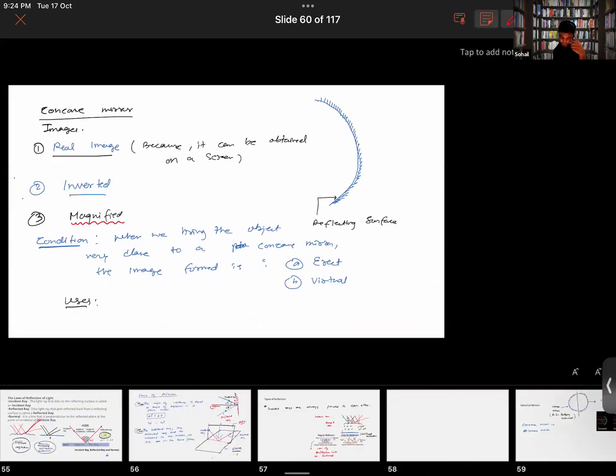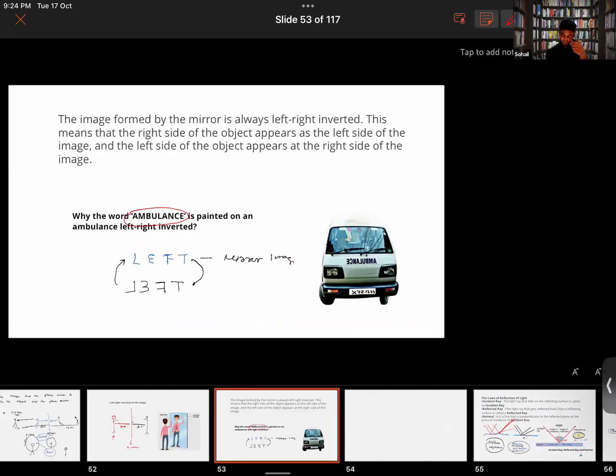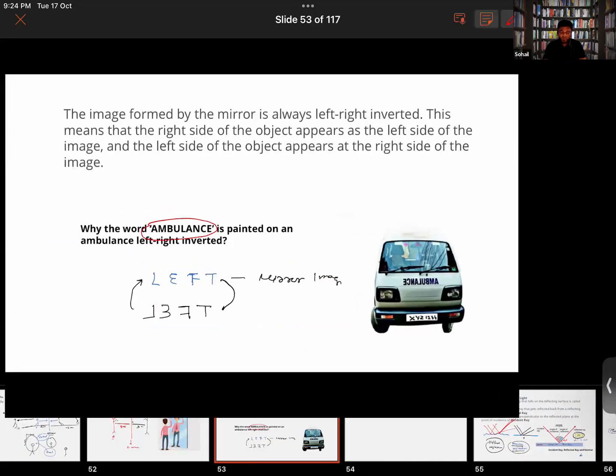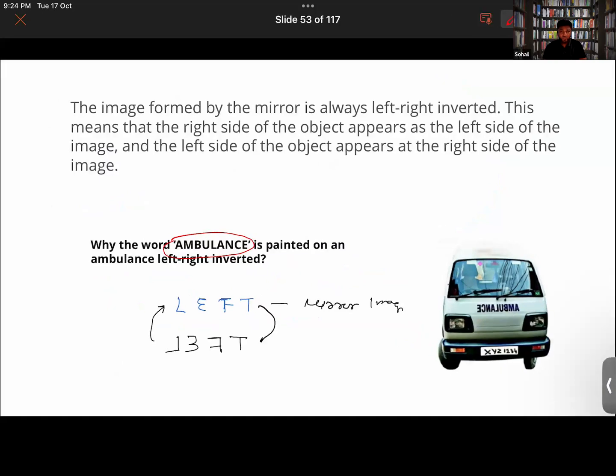So thereby the letters are written in lateral inversion so that the vehicles ahead of it will be able to read it correctly. Sir, is it because of the type of mirror we have or because of the lateral inversion?